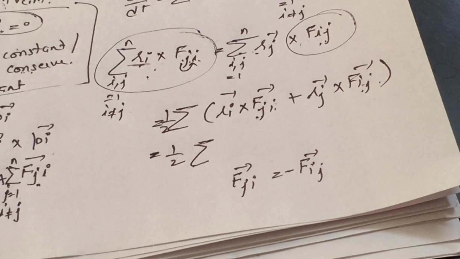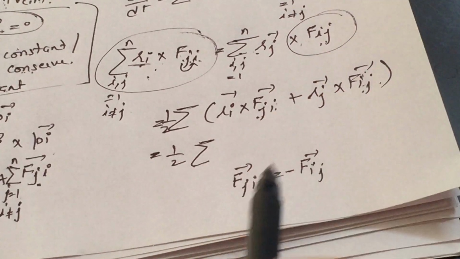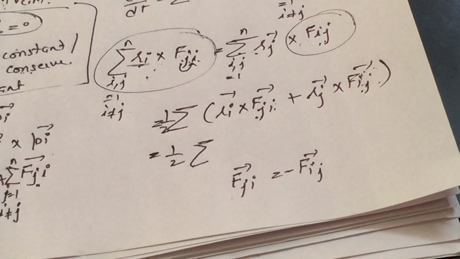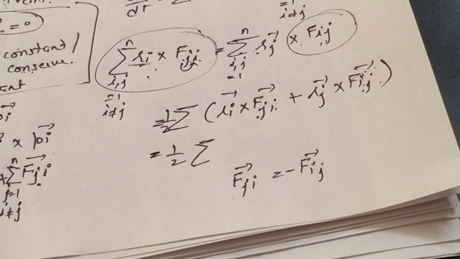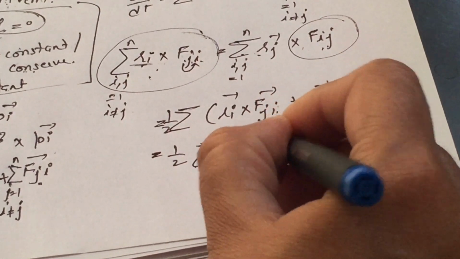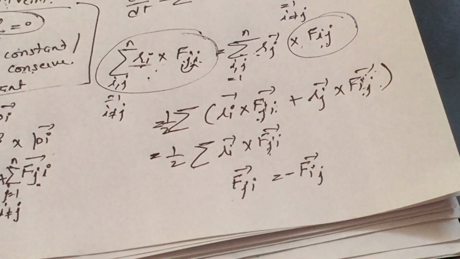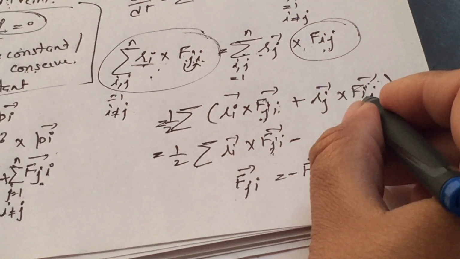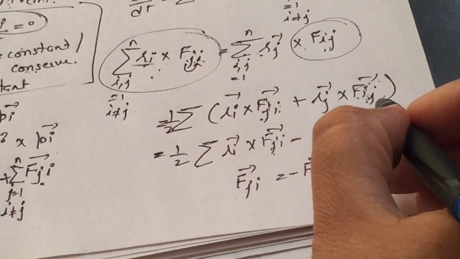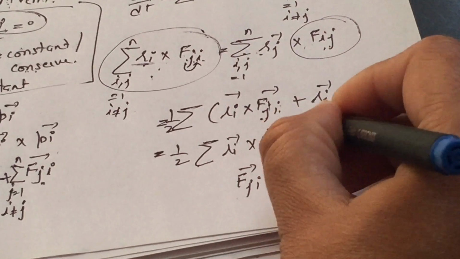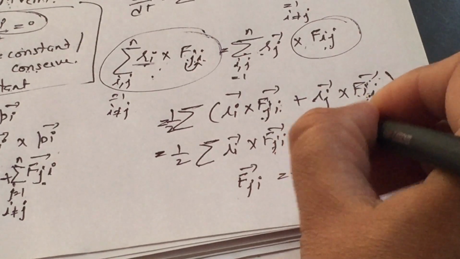Now we substitute the fij term in terms of fji, so we have to put the negative sign of the force. Ri cross fji we substitute as it is, but here we take minus because we are putting fij here, then we will get rj cross with fji.